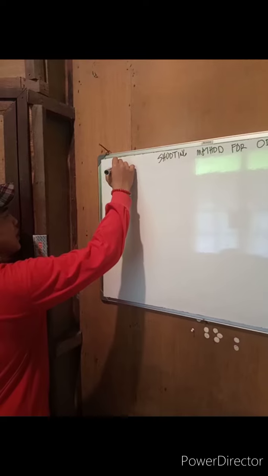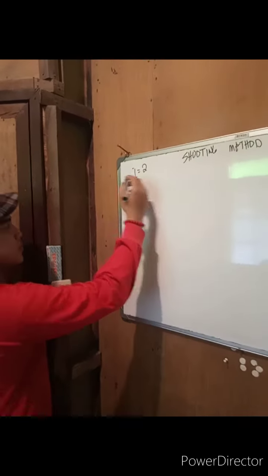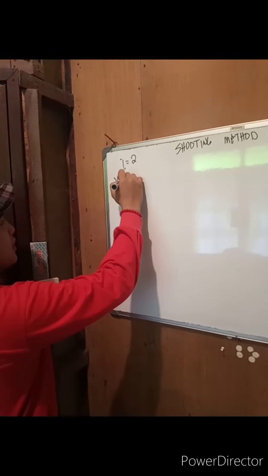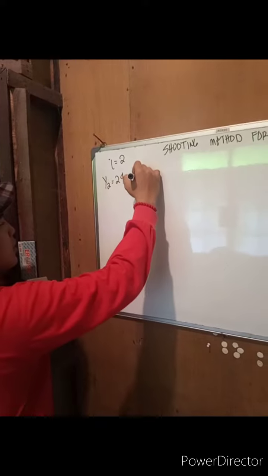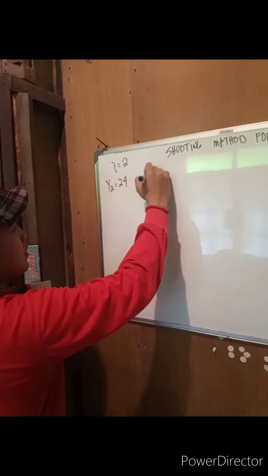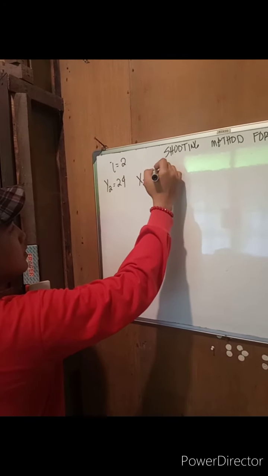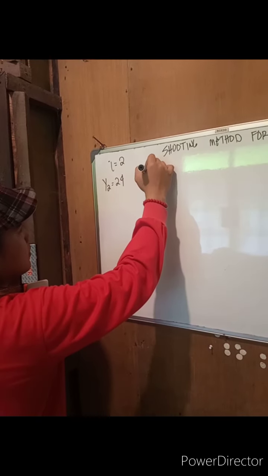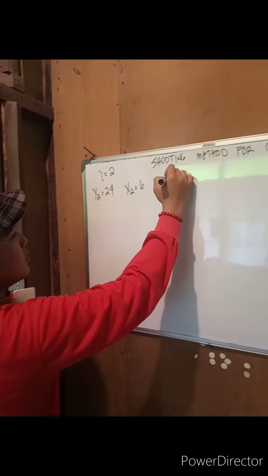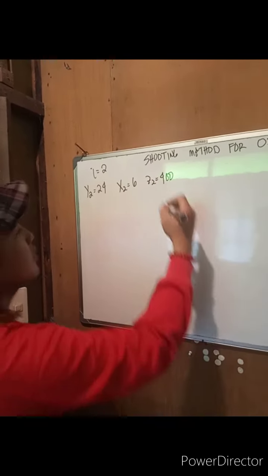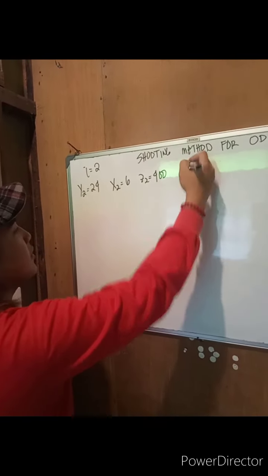Okay, ngayon, sa i naman natin is equal to 2. So, y sub 2 natin kanina is 24. X sub 2 natin is 6. And yung z sub 2 natin nun is, di ba, 400. Ang height natin is 3.